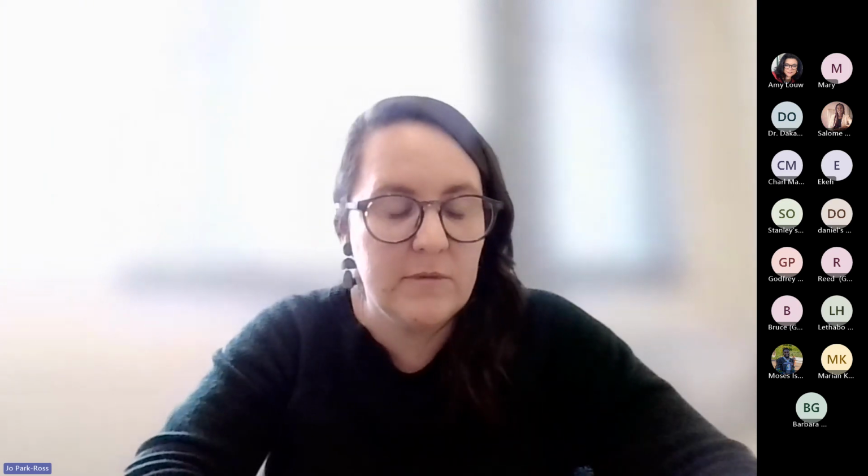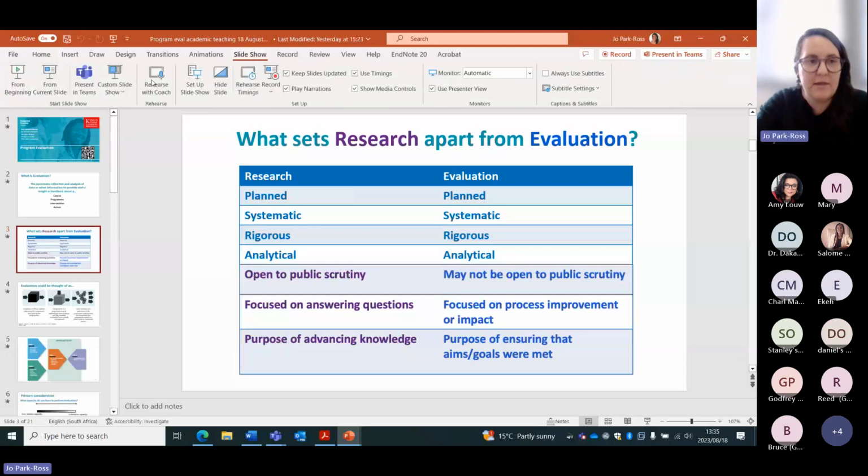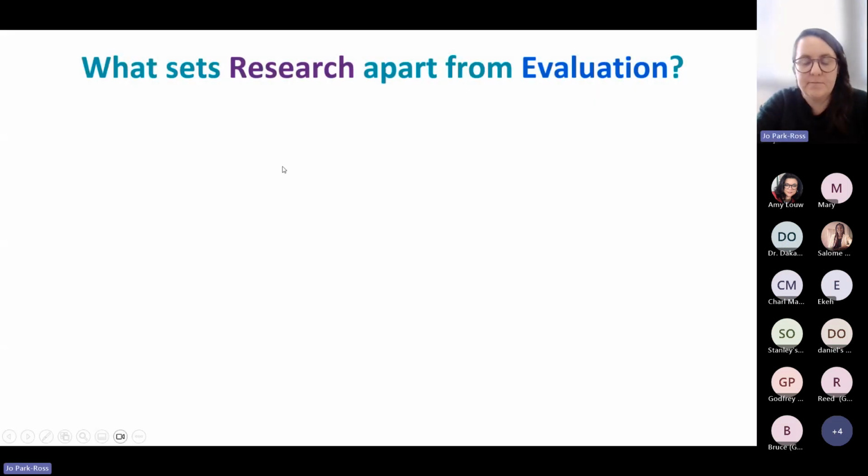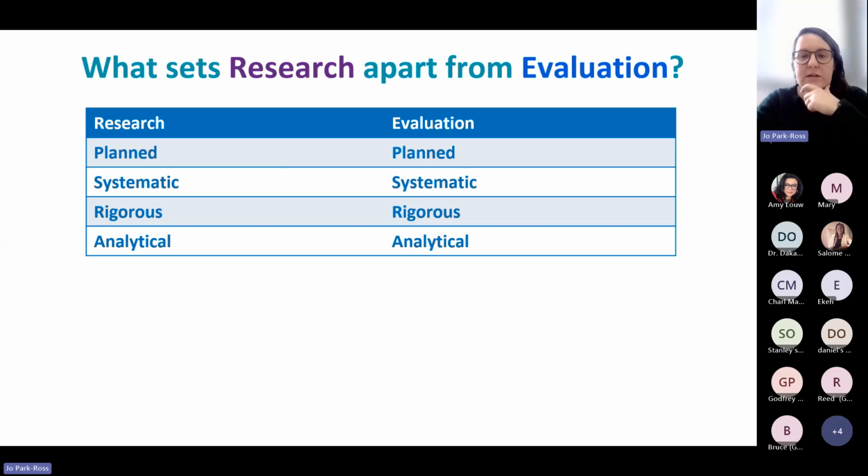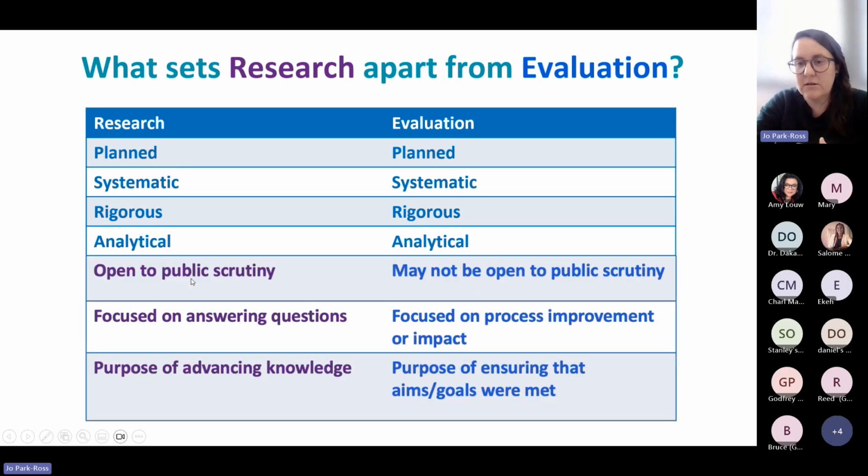Yeah, so the first thing would be, there was maybe one slide that I will show you, which is slightly different, just to illuminate the difference between research and program evaluation. If we consider research and evaluation, research is planned, systematic, rigorous, and analytical, and so is evaluation until we get to the next part of it.